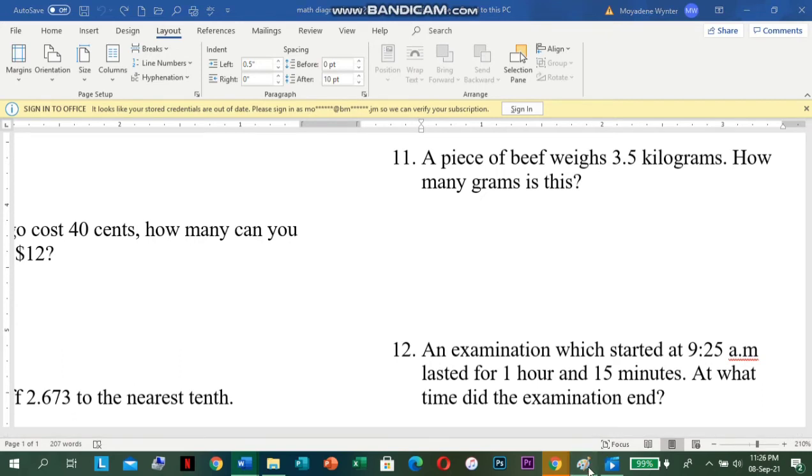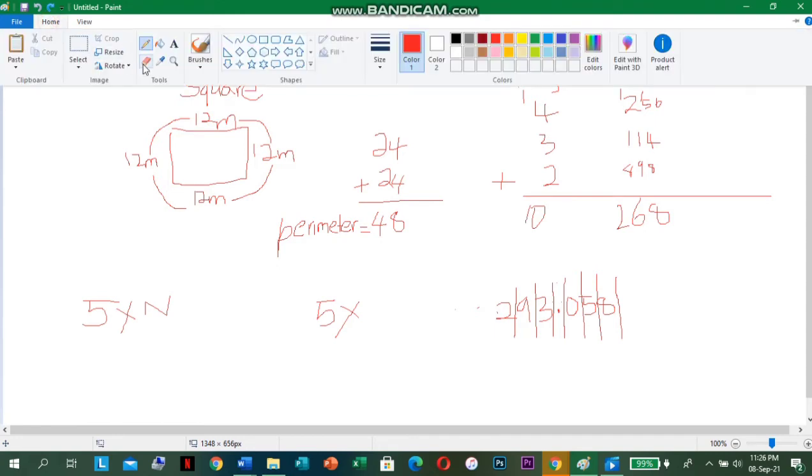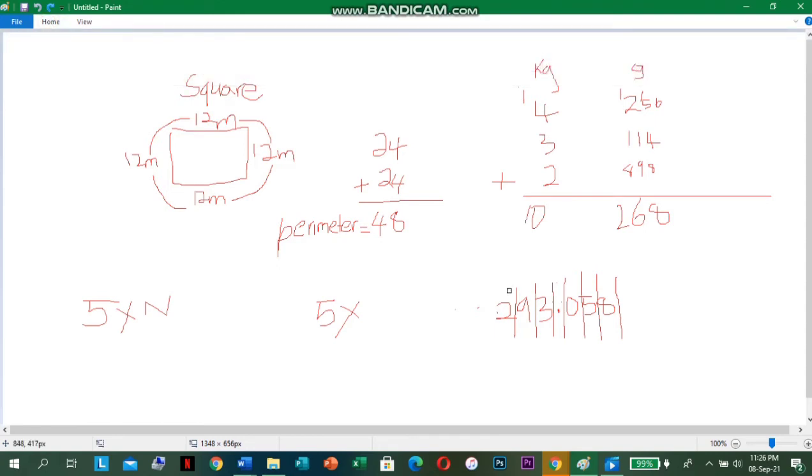All right, so let me clean up my board a little bit so that I can have space to work out the 3.5.